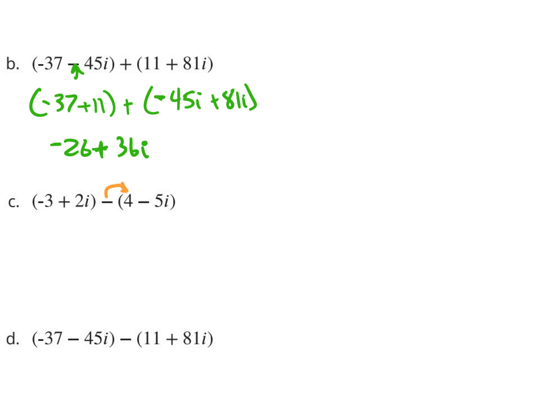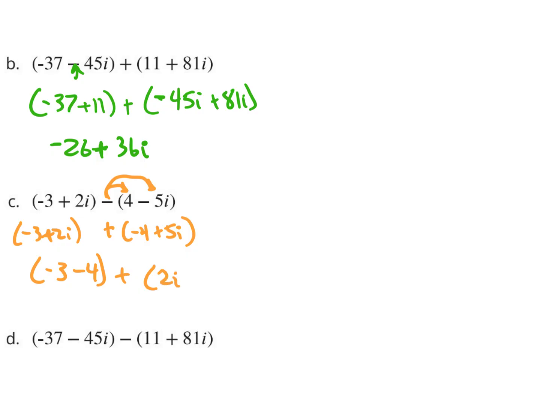Now, let's be careful with our negatives. Whenever you see a negative outside a group, the first thing you want to do is distribute the negative. Might as well rewrite everything, but definitely rewrite the signs you just changed. Now, reals go together and we get negative 7, plus 7i.